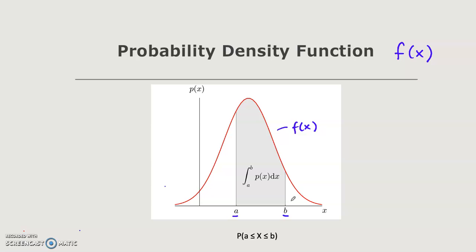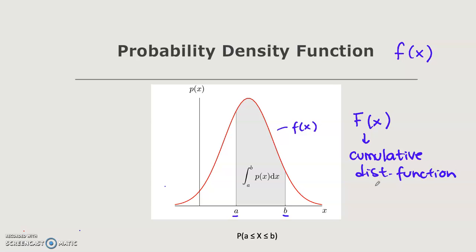As in the case of a discrete random variable, we can use the cumulative distribution function, denoted by F(x). And we use the cumulative distribution function to compute probability for a continuous random variable.